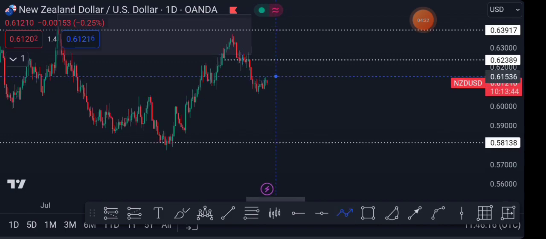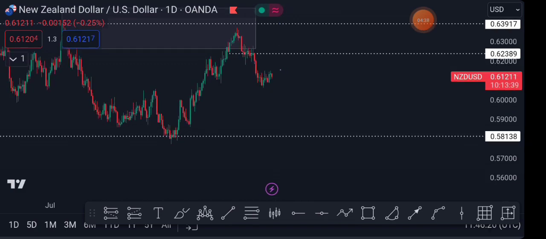So what I expect the market to do right now is for the market to come to this zone. After the market reacts on this zone, I expect the market to move down. Remember, this is a daily time frame. So if the market moves down, what I'm gonna do is to take my profit around this area.